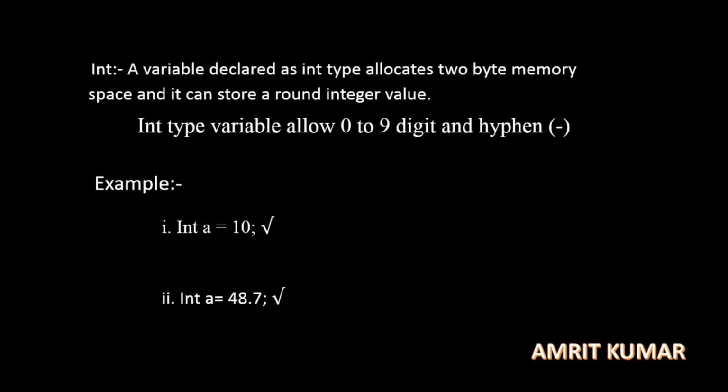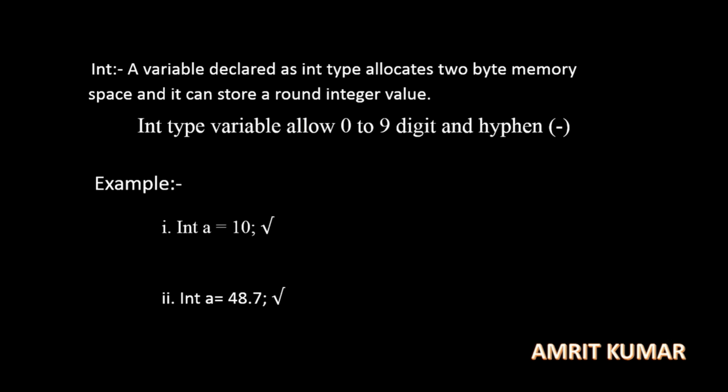Moving on to the next data type, the integer data type. This is also very important. As we studied the character data type, char can store a size of 1 byte and allocates memory in the RAM. Similarly, we now learn about the integer data type, the int data type. A variable declared as int type allocates 2 bytes of memory space, and it can store a whole integer value.